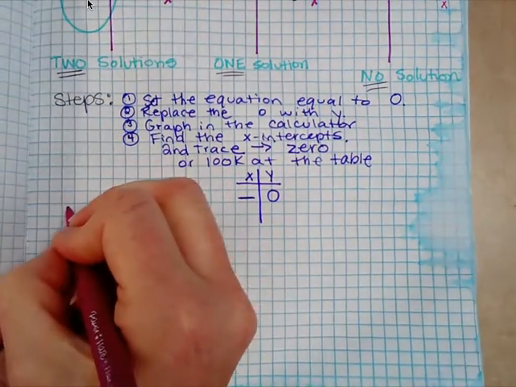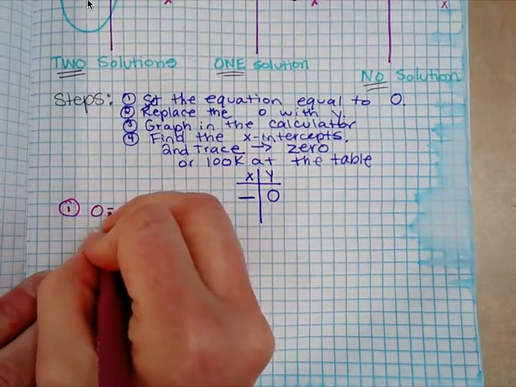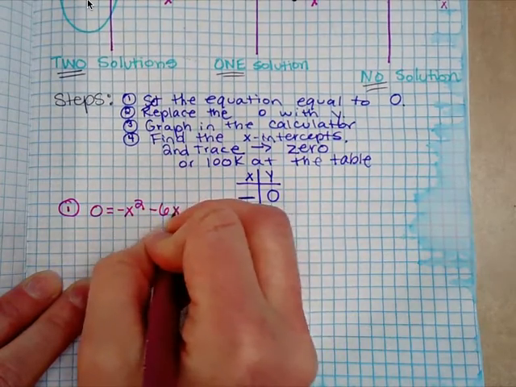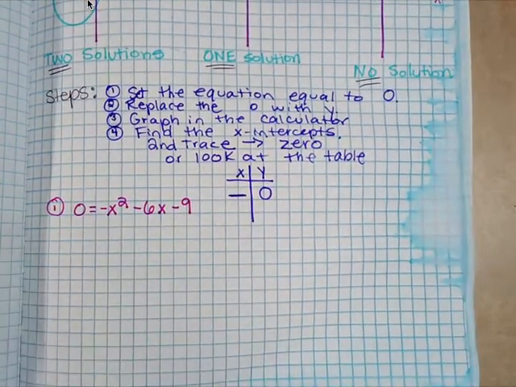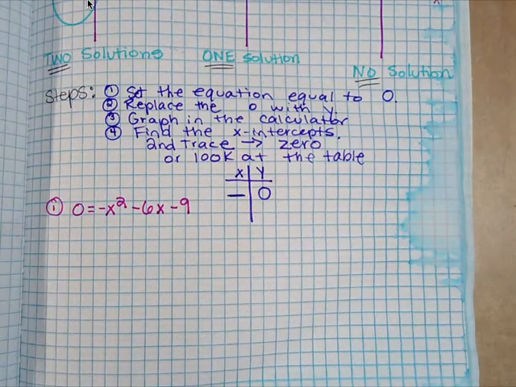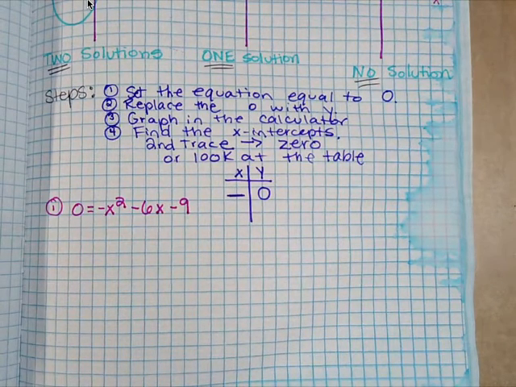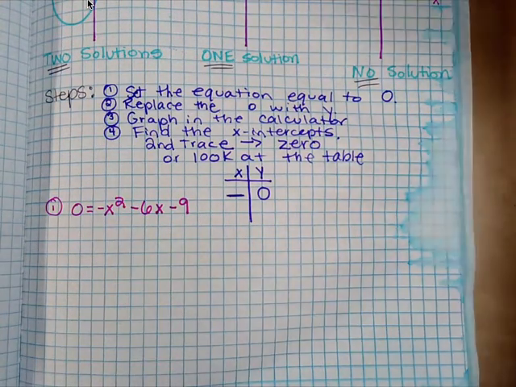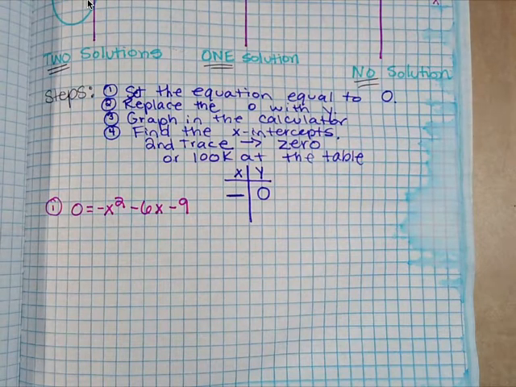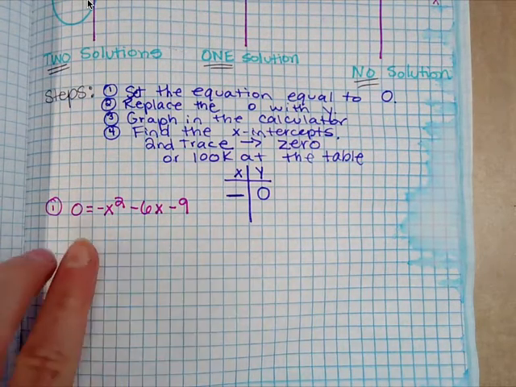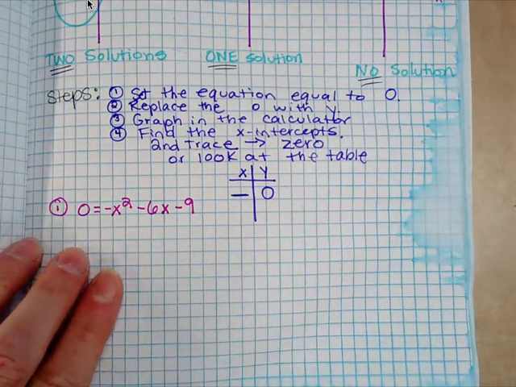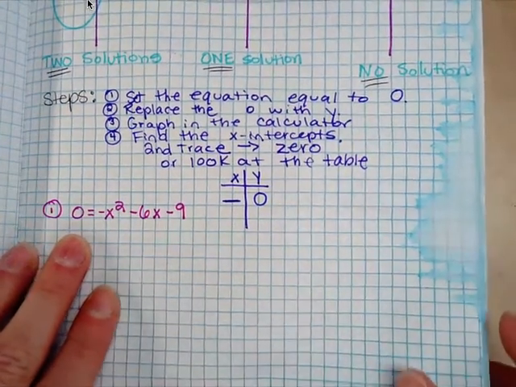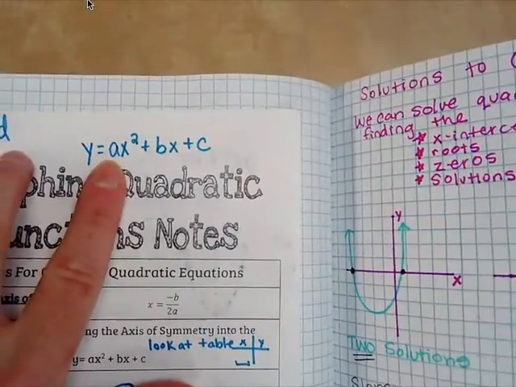All right, let's go to the first one. 0 equals negative x squared minus 6x minus 9. The reason this is a quadratic equation is because it's written in that ax squared plus bx plus c form.